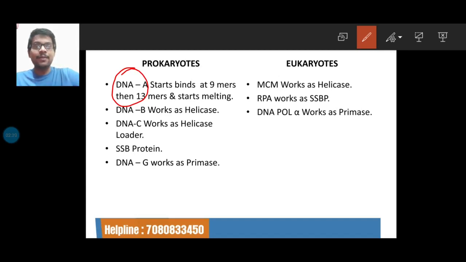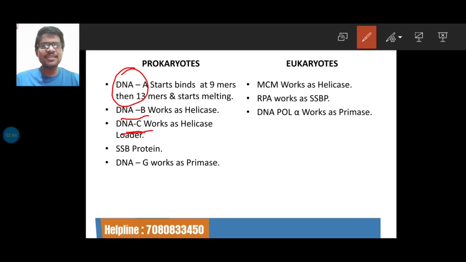After that, DnaB is the helicase enzyme. So the enzyme DnaB acts as a helicase and it binds at the site where the double-stranded DNA will start unwinding, and another protein is required to load the helicase into the replication site, and that protein is DnaC.